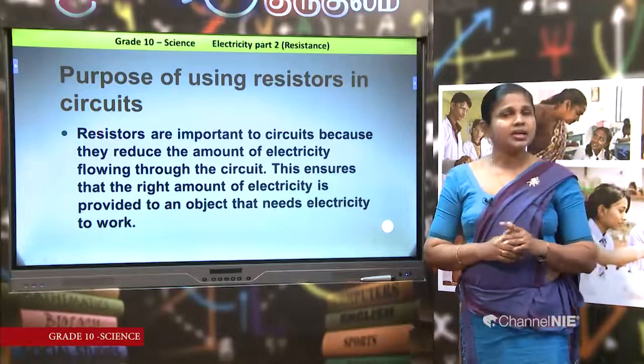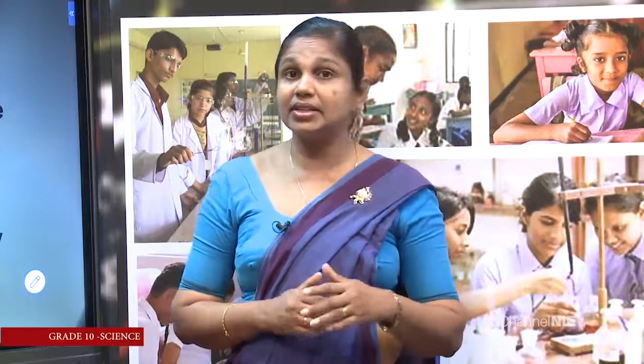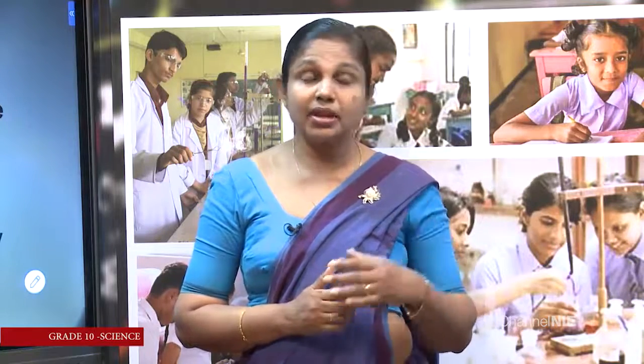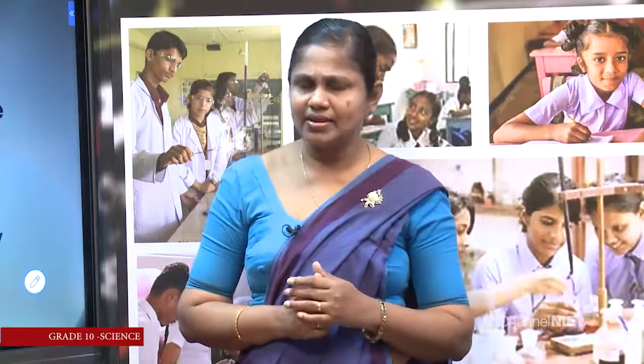What are they? Sometimes in different circuits, we have to connect electronic devices like diodes, transistors and some other electronic parts. They use a small current to operate.